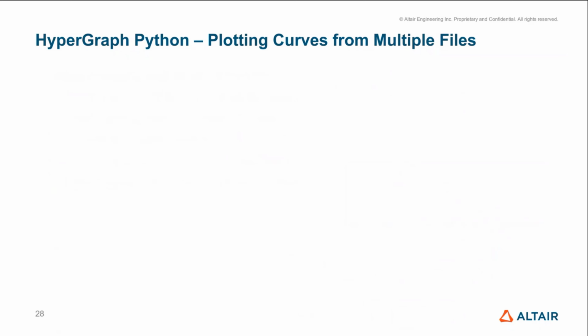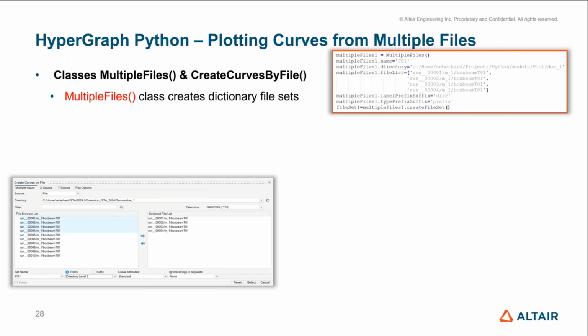For multiple files, now you want to do a DOE overlay, do the whole nine yards. In addition to the create curves by file, you can also use the multiple file class, and this one creates a dictionary file set. For the dictionary file set, you need at least a directory and the relative path list.